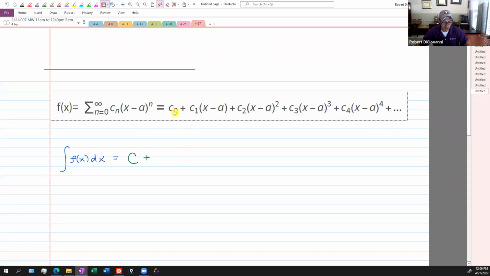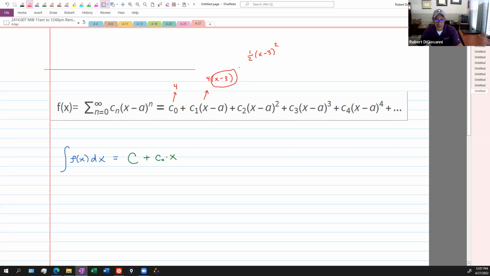What's the antiderivative of this? Well, it should just be c sub 0 times x. I'm thinking about it like this, if this was just the number 4, the antiderivative would be 4x. And here, let's say an example, if this was 4 times (x minus 3), you would leave the 4, and the antiderivative of this would just be 1/2 (x minus 3) squared.